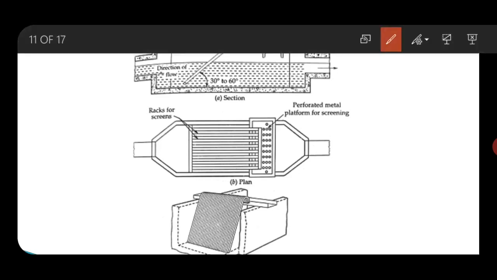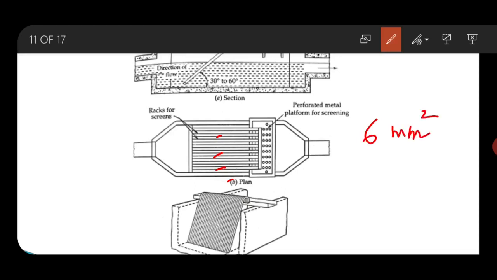You can see here these are the iron rods, and the fine screens are made up of woven wire mesh with openings not more than 6 mm square.